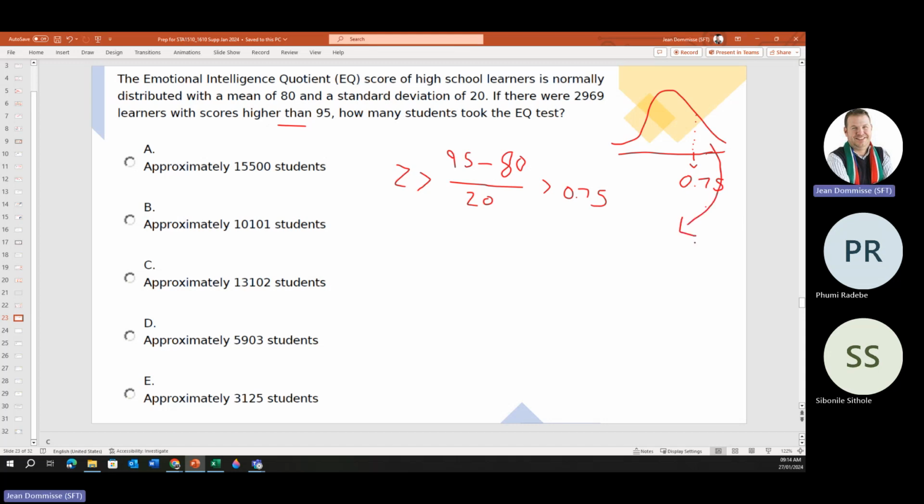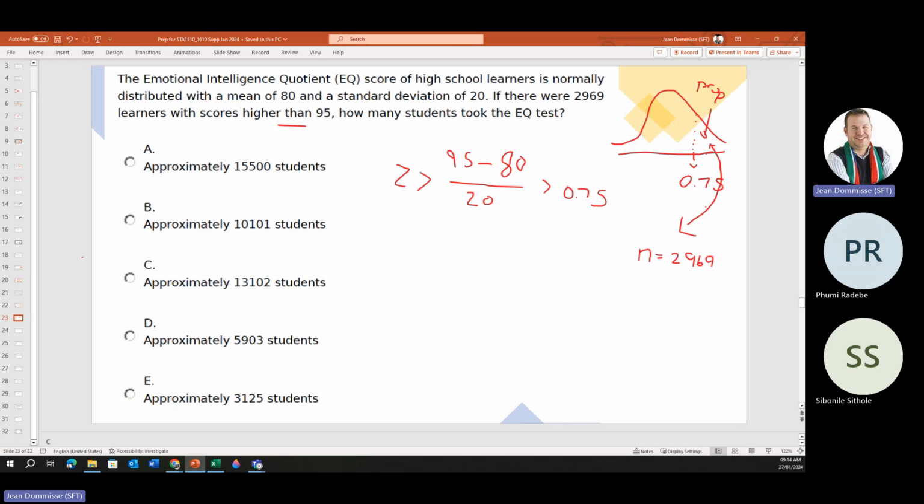We know now that in that space there is N equal to 2969. But we first now need to find out what this probability is.